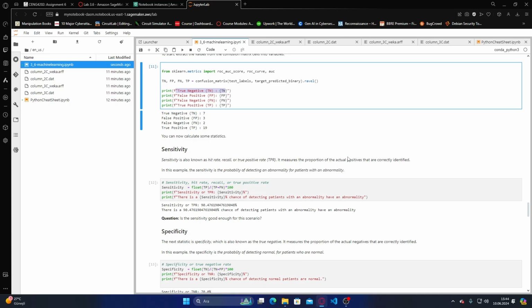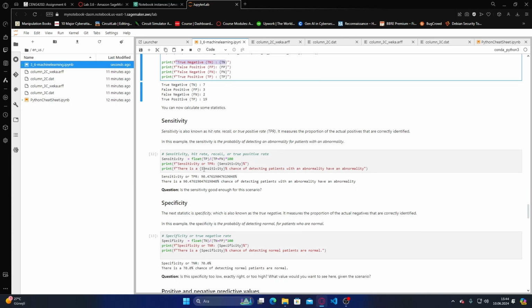In this example, the sensitivity is the probability of detecting abnormality for patients with an abnormality, and this is calculated as true positive divided by true positive plus false negatives, times 100.